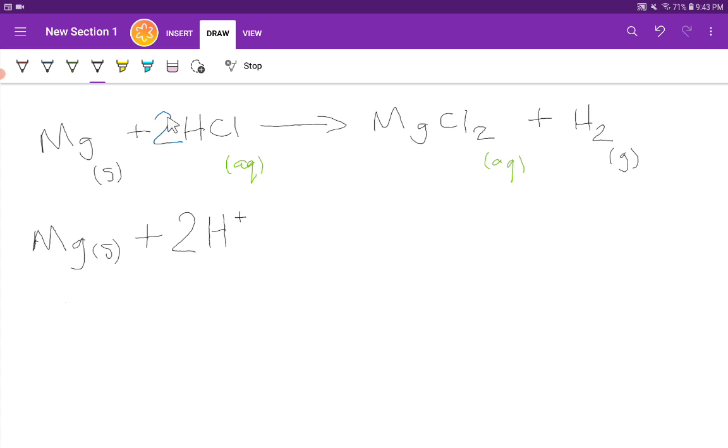This 2 was balancing the molecular equation, which means it is also going to balance our ionic equation. So we have 2 H plus ions in aqueous solution, and the 2 also multiplied the Cl, so it means that we have 2 Cl minus ions, and those ions were also in aqueous solution.